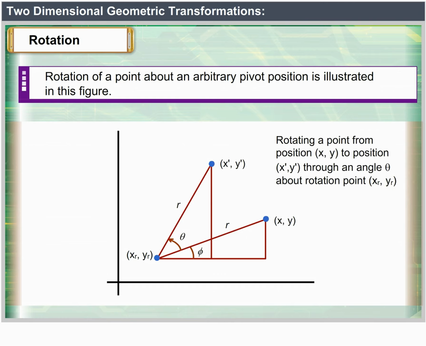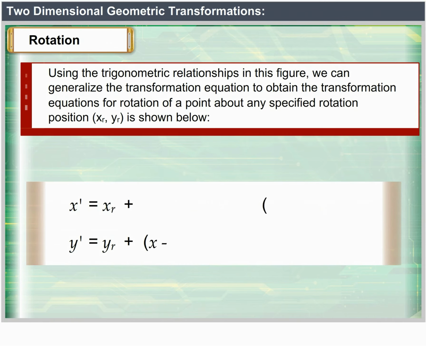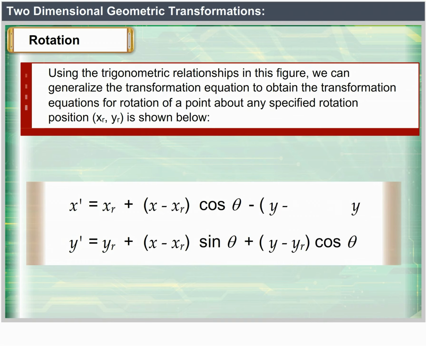Using the trigonometric relationships in this figure, we can generalize the transformation equation to obtain the transformation equations for rotation of a point about any specified rotation position (xr, yr) as shown below. Thus, the matrix expression is modified to include pivot coordinates by matrix addition of a column vector whose elements contain the additive translation terms.